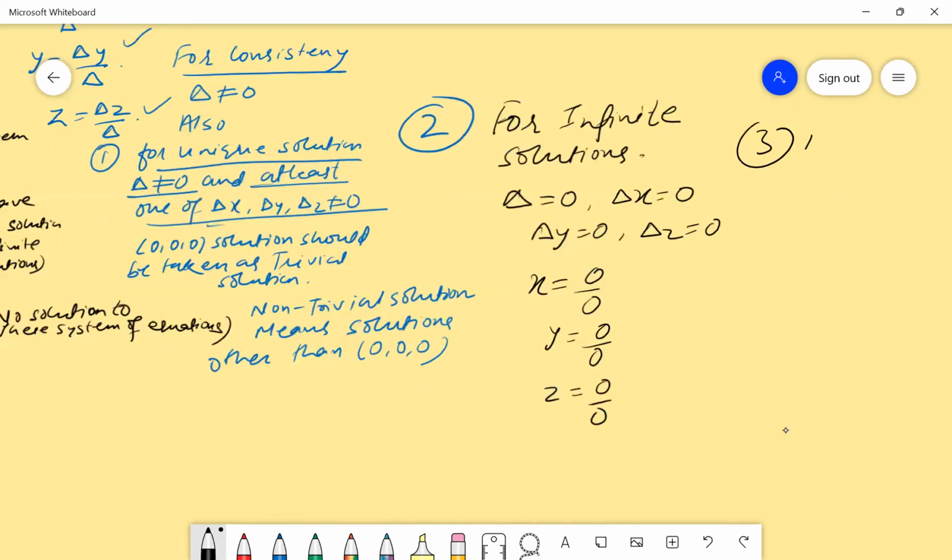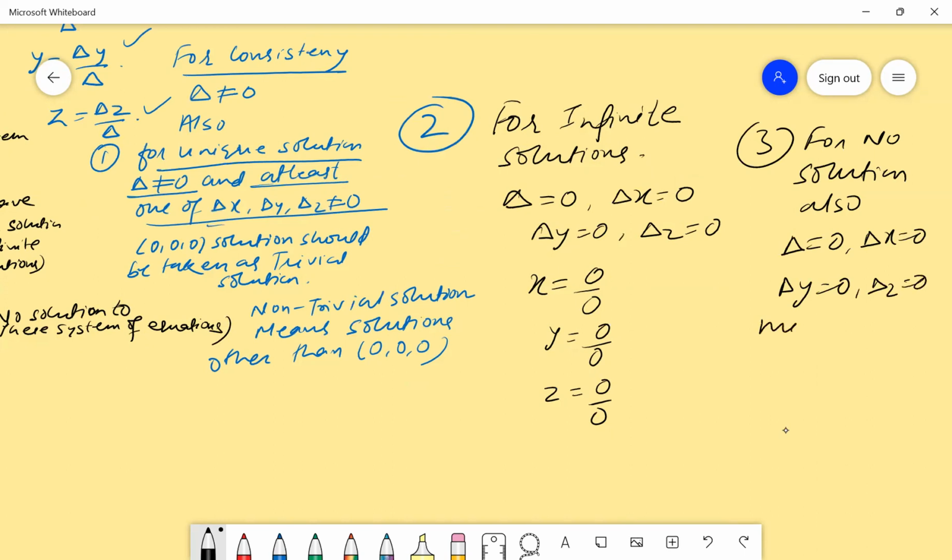So for third point, for no solution also delta equal to 0, delta x equal to 0, delta y equal to 0, and delta z equal to 0 might be a situation.